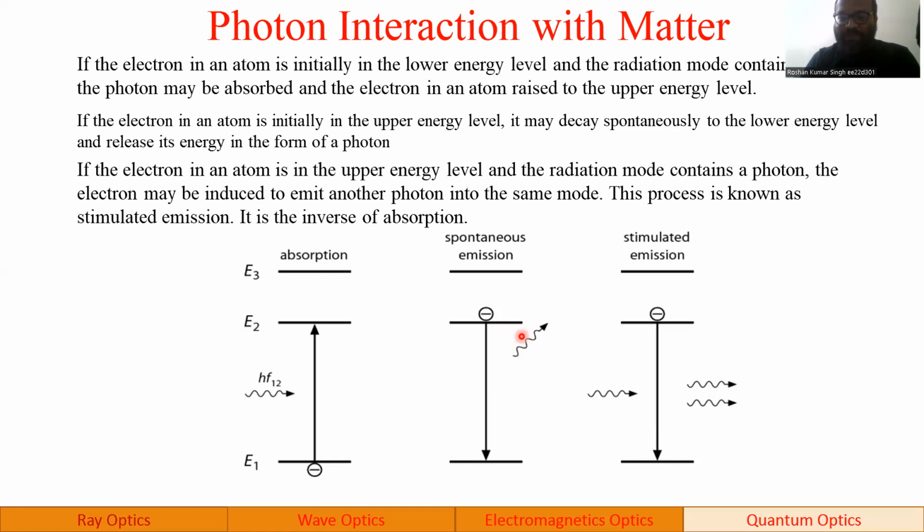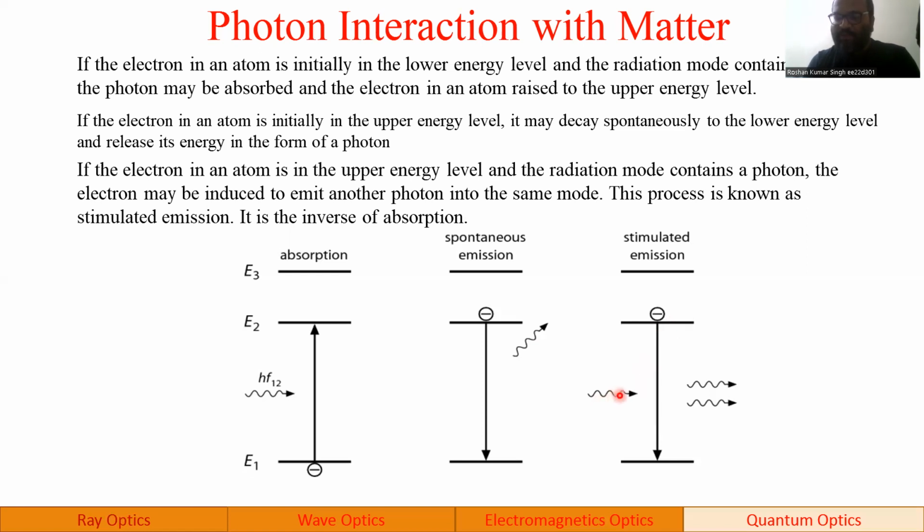Now, the spontaneous emission, in which the excited state electron comes down to the ground state with the emission of a photon. It emits the photon when its electron comes to the ground state. There is no external factor, that's why we call it spontaneous emission. The third one is the stimulated emission, in which the electron comes down to the ground state with the help of some external factor, maybe a photon or some other factor.